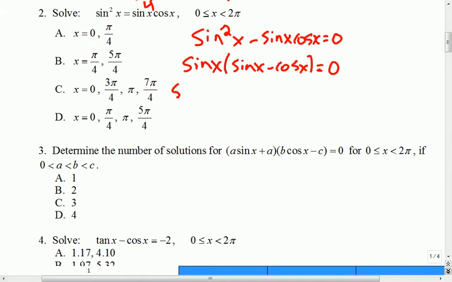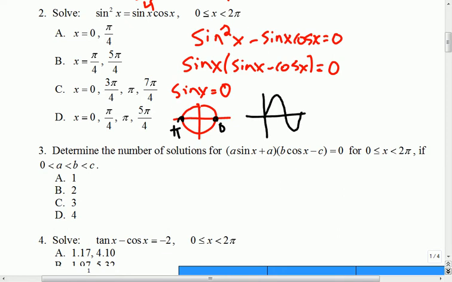So where does sine x equal 0? Well, I think we're unit circle people here. So that would be there and there, which is at 0 and pi. If you're a person that likes looking at the graph, then those are the spots right there and right there, which again is the same thing, 0 and pi.